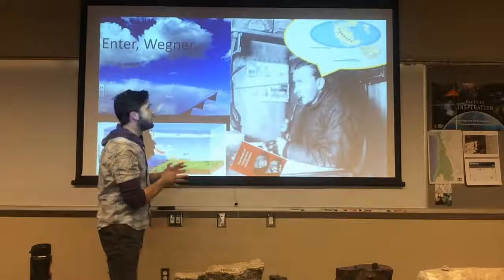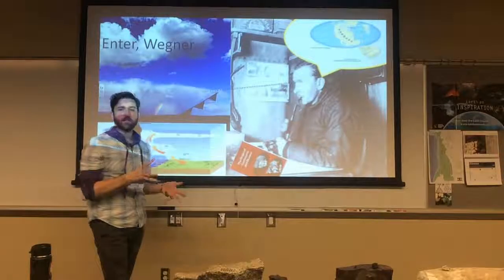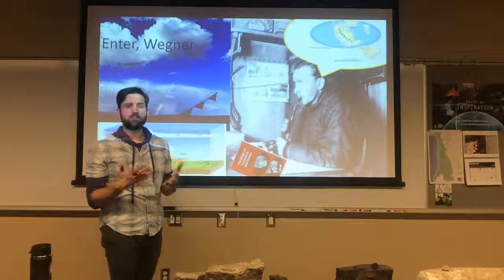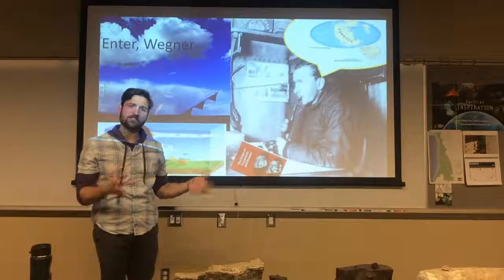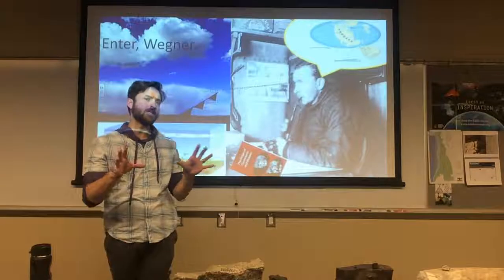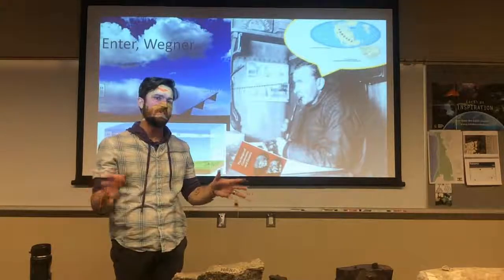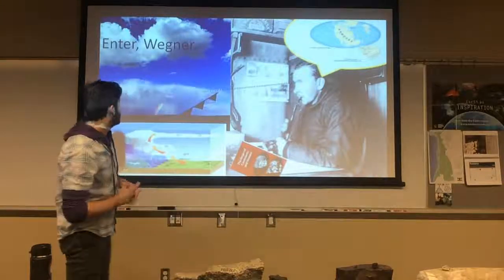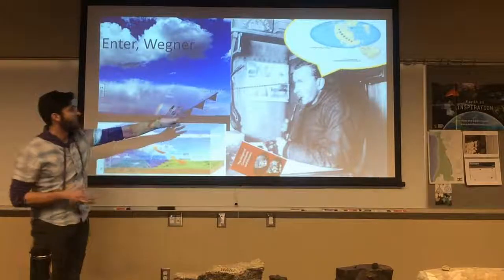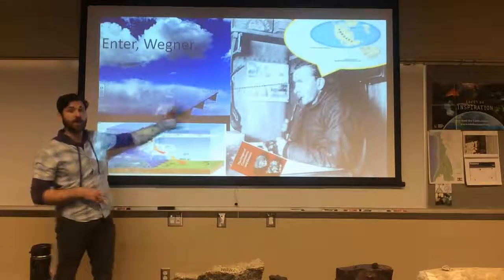Now, Alfred Wegener was a trained meteorologist, from what I understand. He's more of a looking at the sky and observing things. I think generally he's a naturalist that appreciates many natural things, but he had training in meteorology. So here I have him kind of staring off into the clouds, right?